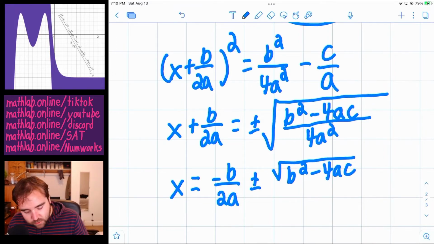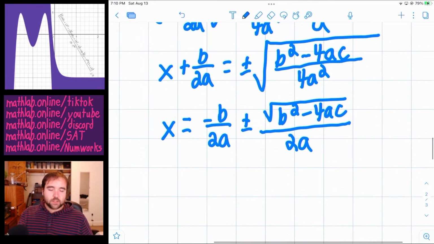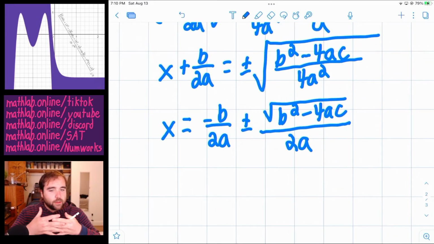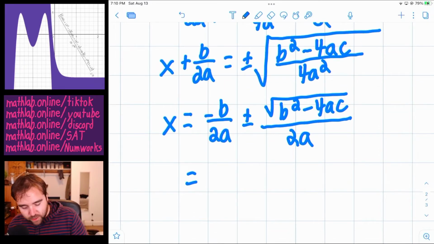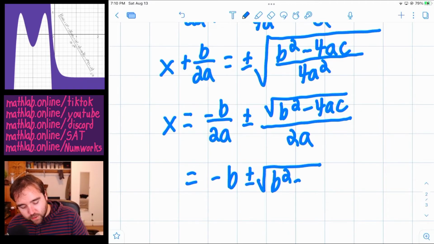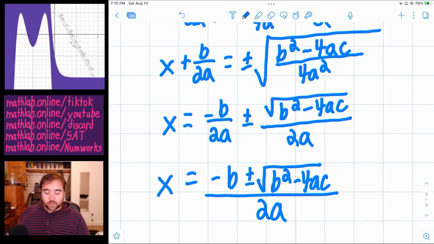But then this square root of 4 is 2. Square root of a squared is a. So now I'd say we need to find a common denominator to combine those fractions, but we've already done that. They already have a common denominator. So we have negative b plus or minus the square root of b squared minus 4ac all over 2a. X equals that.